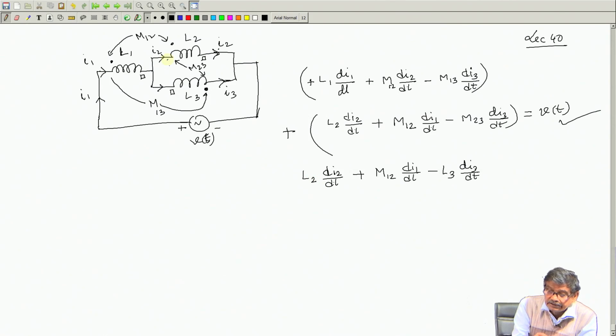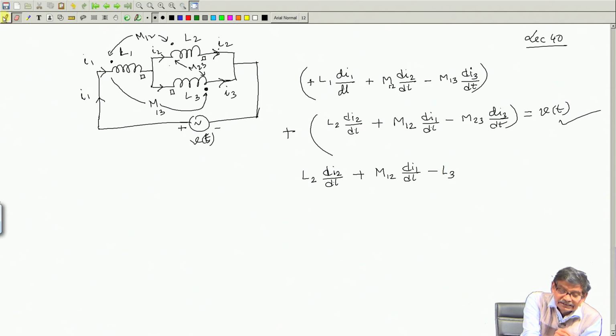So, L2 di2 dt plus 2 minus, then once again plus 2 minus M1 to L1 di1 dt, because left hand side is plus. For this fellow, the best way to write it is, there are so many ways, you form your own mechanism. Okay, this always I will write plus.